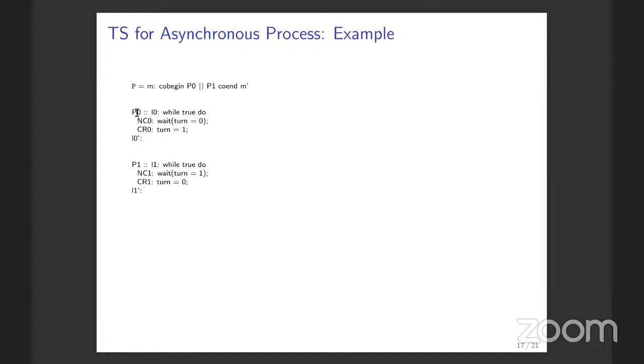That's the only local state component for each process. Turn is the shared variable, and there's no other shared variable. Therefore, the transition relation of the composite system will be over those cross products.